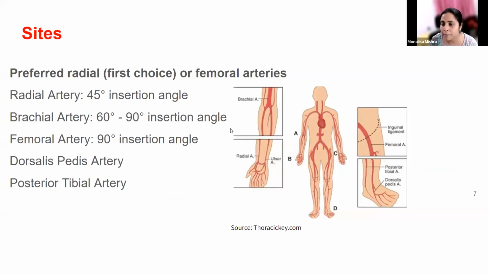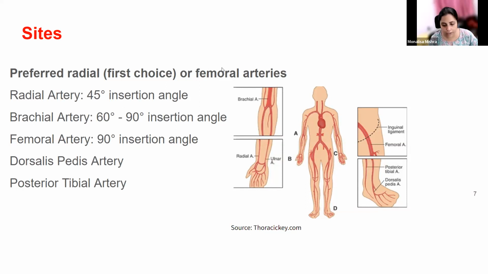So we all know what the preferred site of ABG is. Everybody finds it the safest and easiest to do it from the radial artery. Please remember that. This is always the first choice. And if the radial artery is not possible for any reason, then you go for the femoral artery, which could be the second choice. But you have to be very careful in taking a sample from the femoral artery.